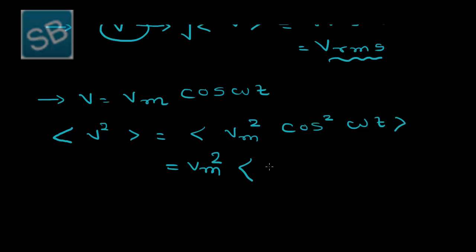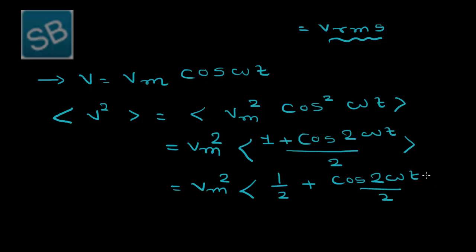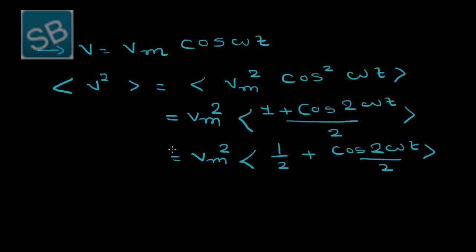The simplification of cos square omega t is (1 plus cos 2 omega t) divided by 2. So I am giving this 2 in the denominator of each numerator term. That is equal to Vm square times (1 by 2 plus cos 2 omega t divided by 2).